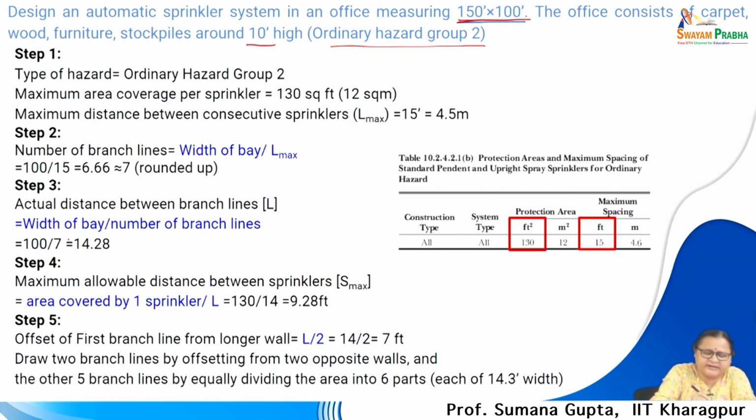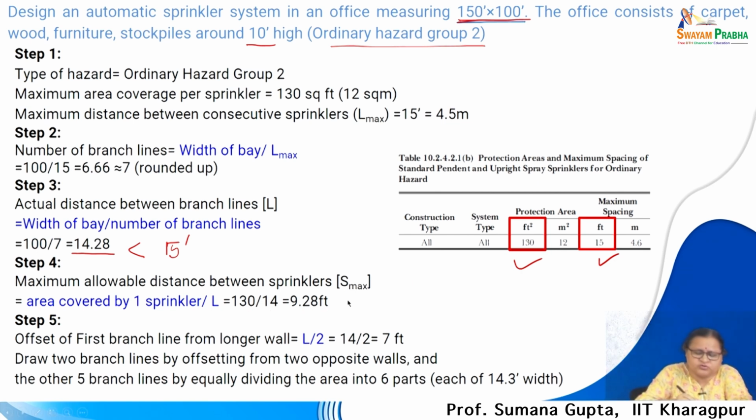So, 100 divided by 7, the bay length will be 14.28, which can be maximum up to 15 feet. So, we are less than 15 feet. Area covered by one sprinkler is 130 maximum. So, if I consider my distance as 14 feet, 130 divided by 14 is 9.28 feet.